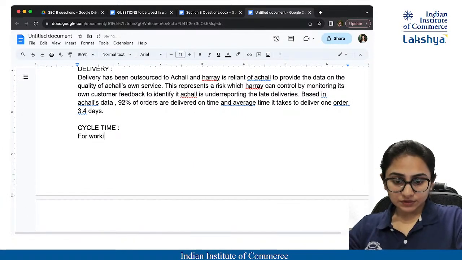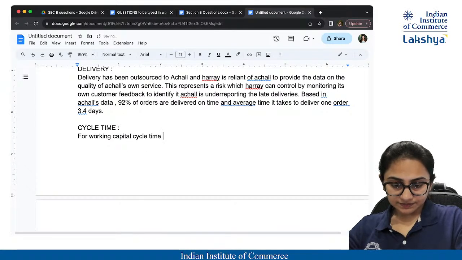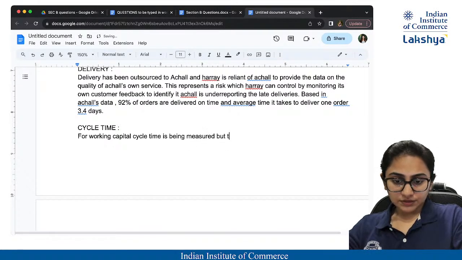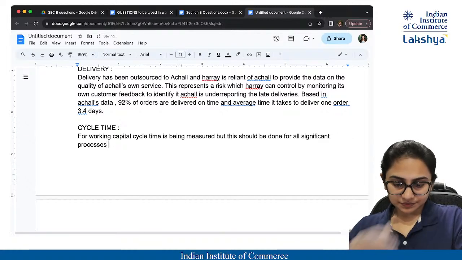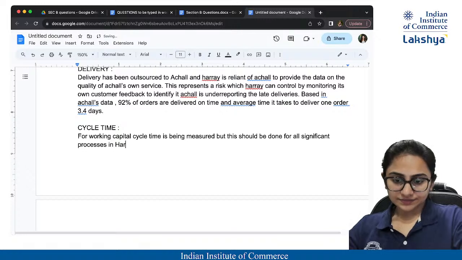For working capital, cycle time is being measured, but this should be done for all significant processes in Harry.